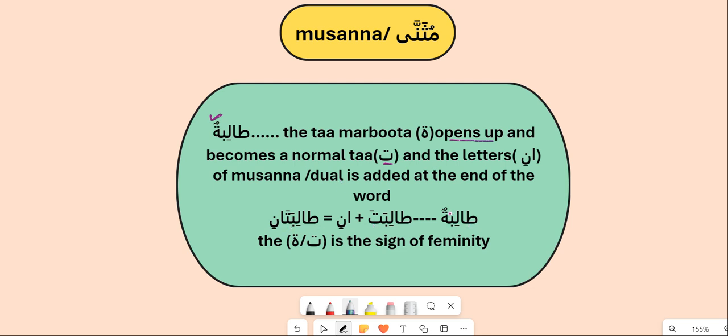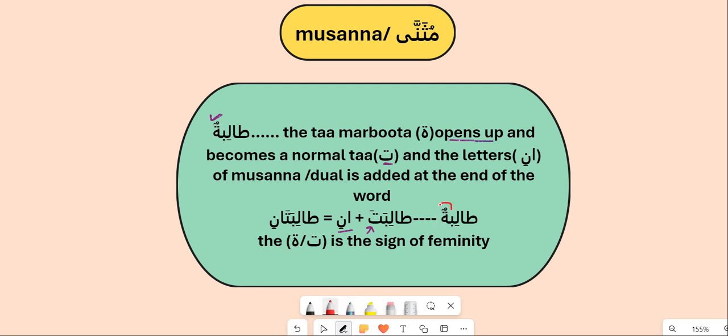So what happened? Talibatun with the ta marbuta now opens up and becomes a normal ta, and you add alif and noon. Now what are the things that you have to keep in mind here? When the ta opens, the tanween of the ta marbuta is changed.